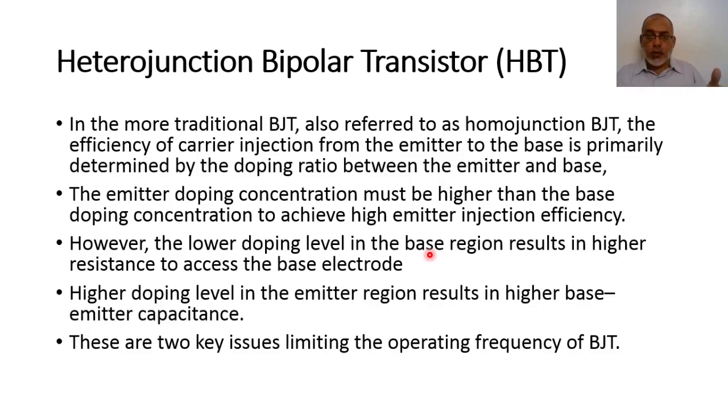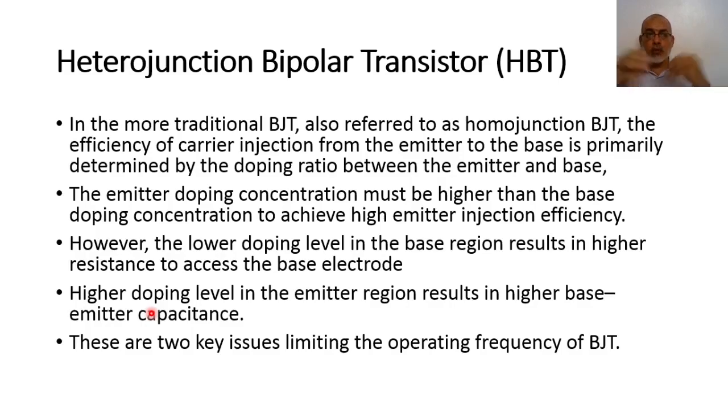To solve this problem, it would be required to increase the doping at the base. However, a higher doping level in the base region results in high base-emitter capacitance. The difference of the doping between the emitter and the base will introduce high base-emitter capacitance.